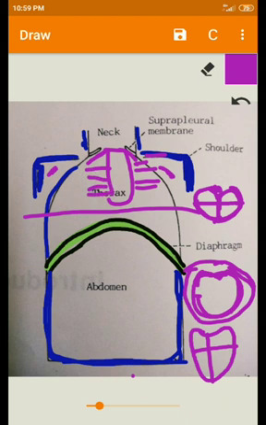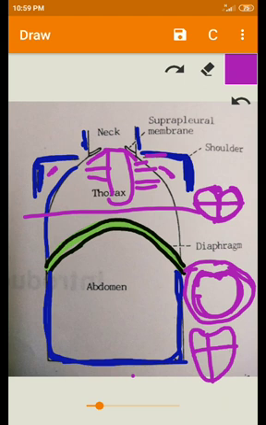As a result, the respiration is purely abdominal. That means there is no increase in size during inspiration and expiration; only the abdominal pressure helps in respiration.